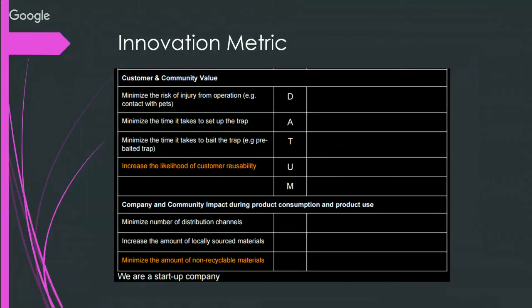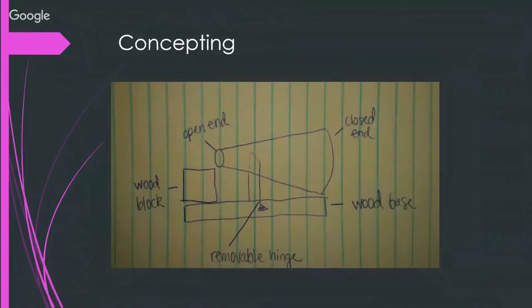And within this, you take the most important outcome statements from your job maps that your customers have decided, and then within that, you can rank them accordingly. So after you have put in writing your innovation metric, then next you can go to concepting.